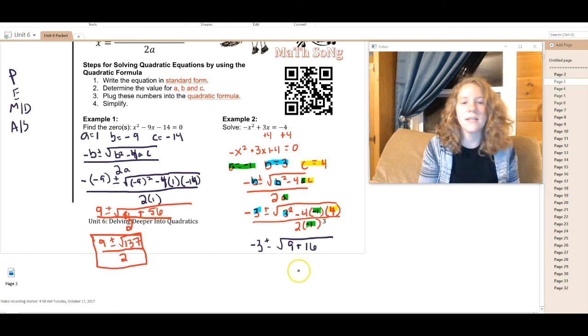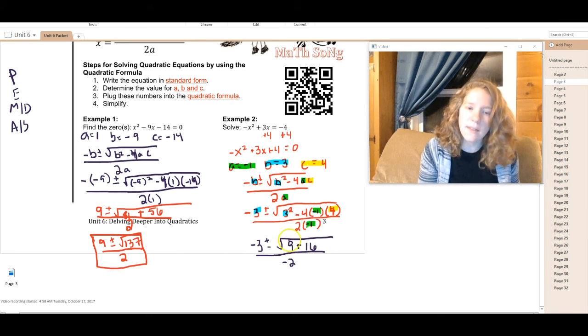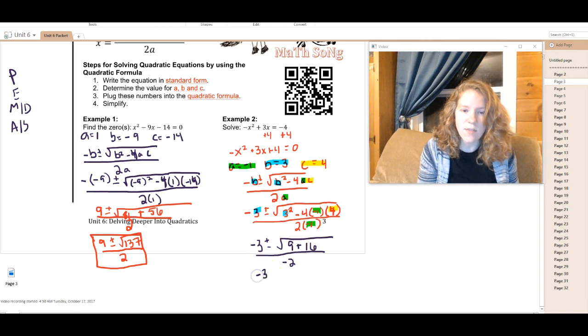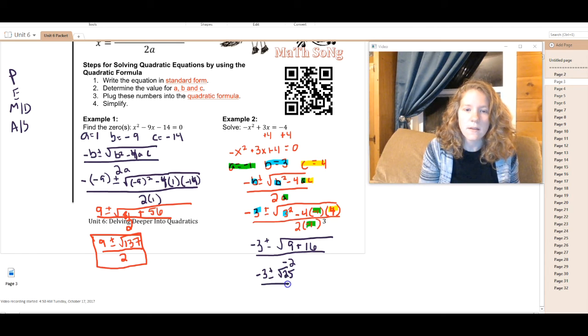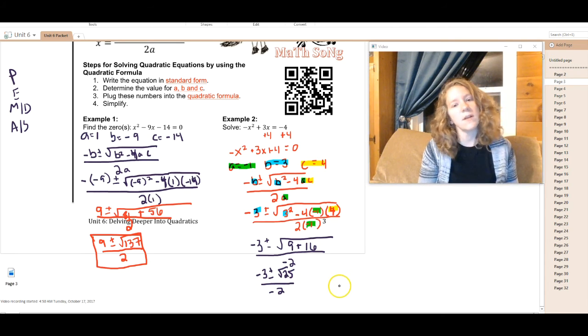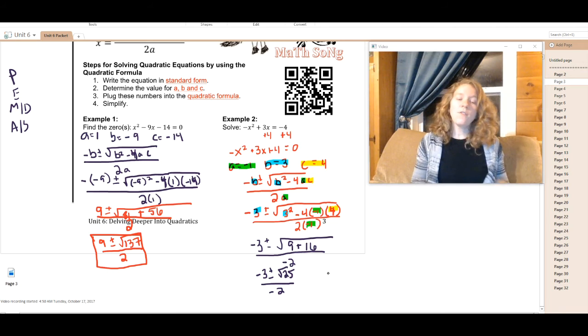So I'm going to put plus 16, and then 2 times negative 1 is negative 2. All right, then square root of 9 plus 16, I can go ahead and do that addition because I'm still trying to work inside of that grouping symbol of the radical. 9 plus 16 is 25. So I have negative 3 plus or minus the square root of 25 over negative 2.